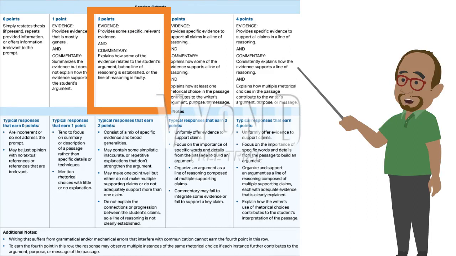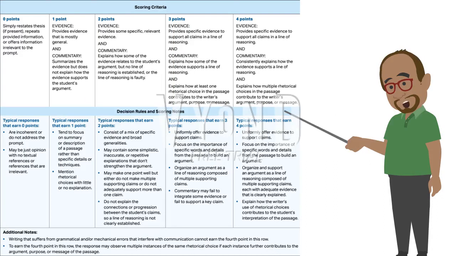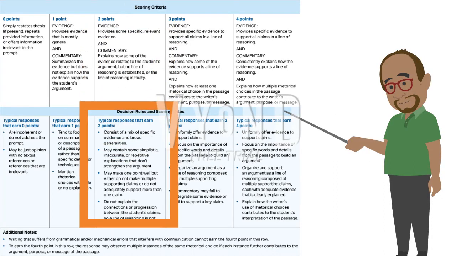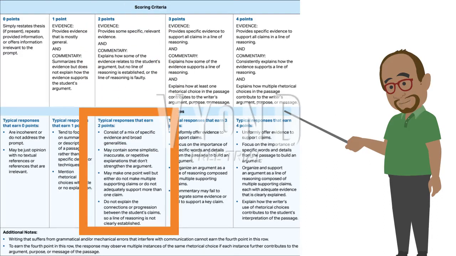Just like on the Q1 rubric, the student earns 2 points on the Q2 rubric here for providing a mix of specific evidence and broad generalities. They may explain how some of the evidence relates to the student's own argument or thesis, but the line of reasoning is either faulty or lacking altogether. For essays in this category, you'll see simplistic, inaccurate, or repetitive explanations that don't strengthen the student's argument.